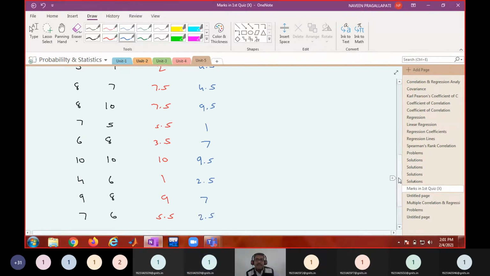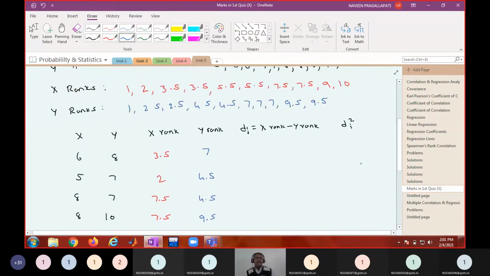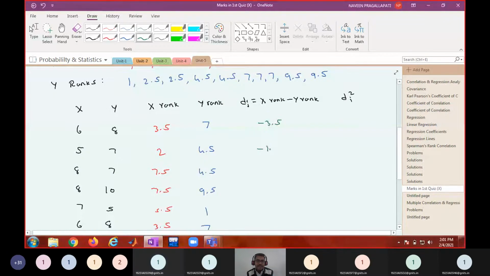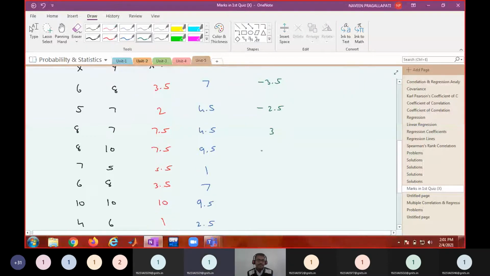Okay. Right. Now you find out the deviations. 3.5 minus 7, signed deviations. How much? Minus 3.5. Next, minus 1.5. Minus 2.5. Minus 2.5. Next, minus 2.